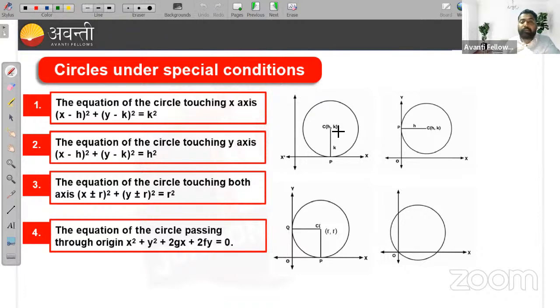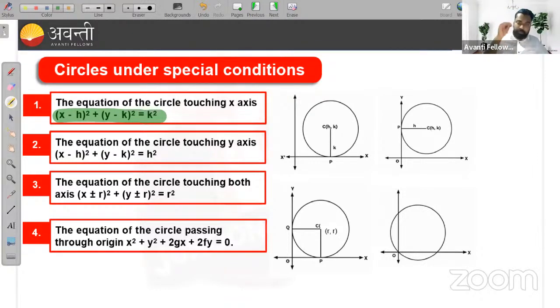Okay, then if the center is h, k and the radius is k, then the equation will be x minus h whole square plus y minus k whole square is equal to k square, right? Clear, everyone?